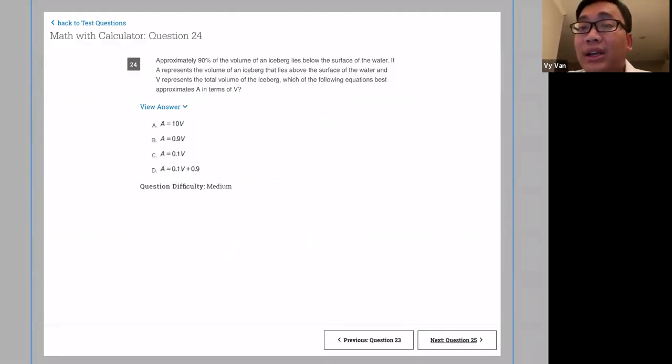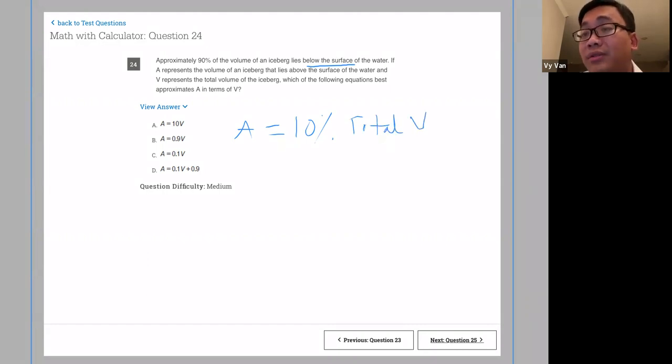Next one right here. Approximately 90% of the volume of an iceberg lies below the surface. If A represents the volume of the iceberg above the surface, so if 90% is below, then A is 10% of the total volume.